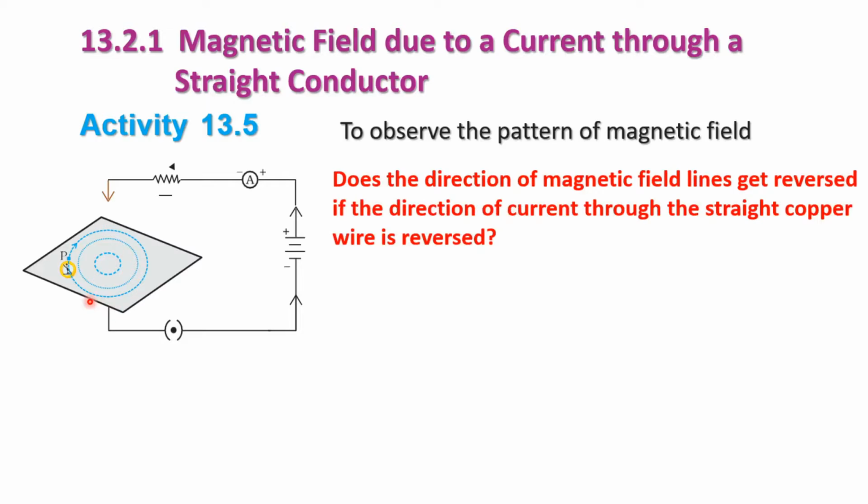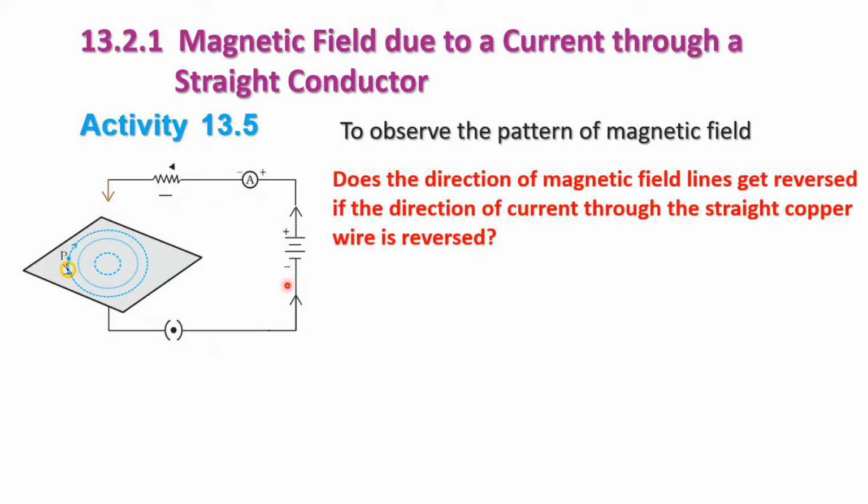The next question that arises is, does the direction of magnetic field line get reversed if the direction of current through the straight copper wire is reversed? That means if we are reversing the polarity, the current will start moving in this manner.